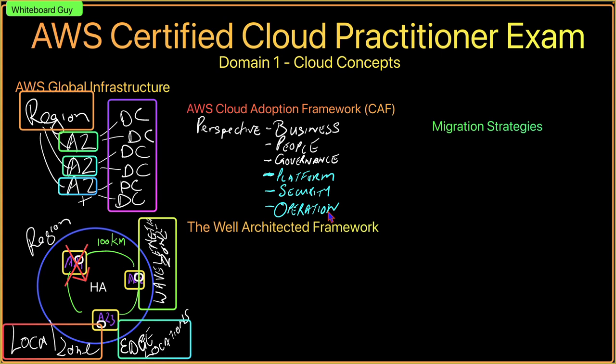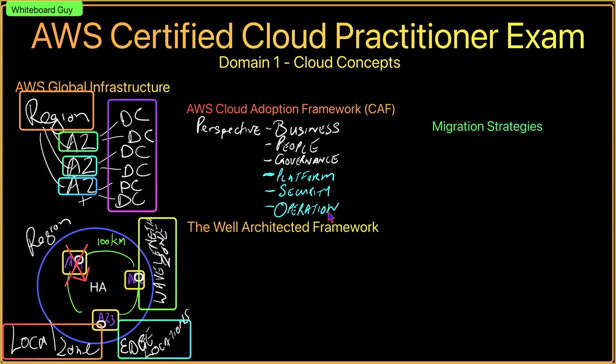This could be operating systems, could be databases, could be whatever you need to take what you've got in your on-premises environment and then move that over to the cloud. Next is security. Is it secure? Can our auditors sign off at the end of every year or quarter or biannually to say, yes, this is secure, it adheres to this kind of security attestation? And then there is operations as well. Can we operate in the cloud? If something goes wrong, can we get up and fix it and keep on running again?